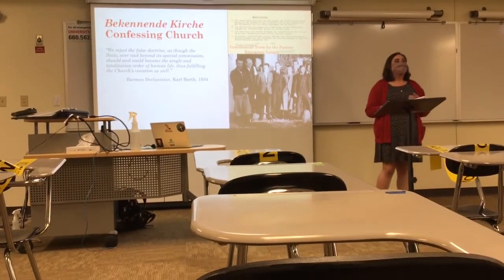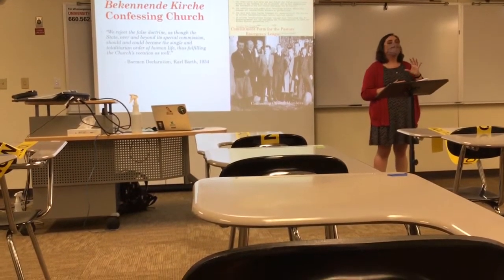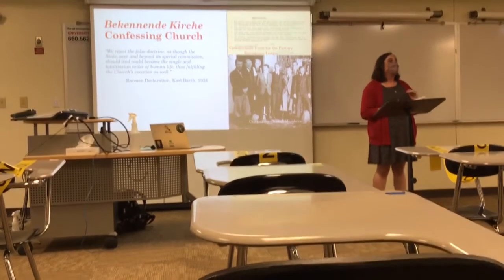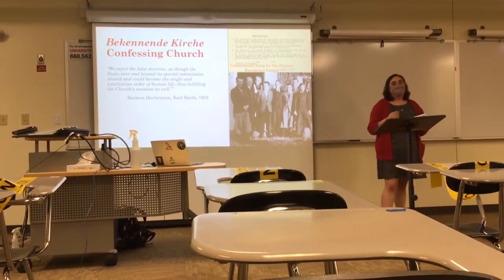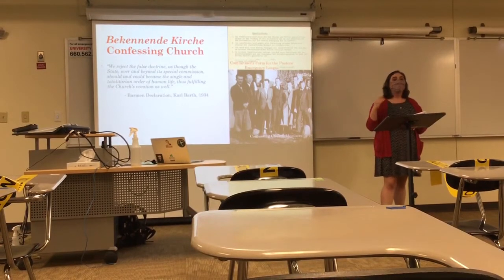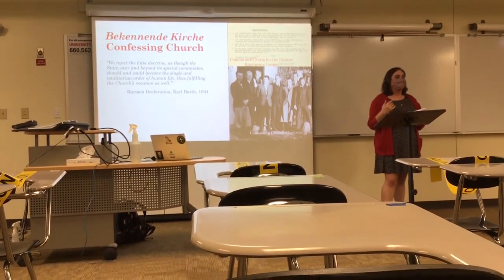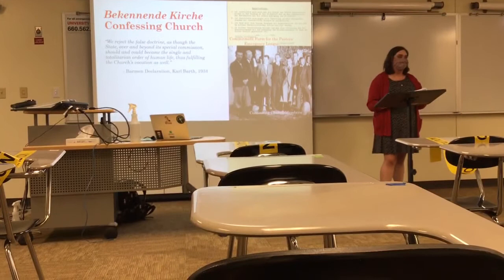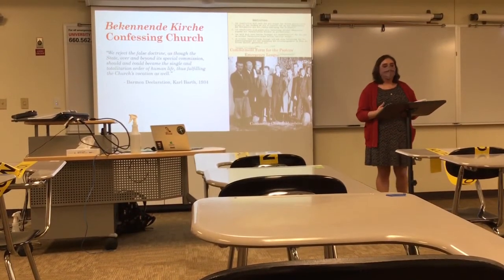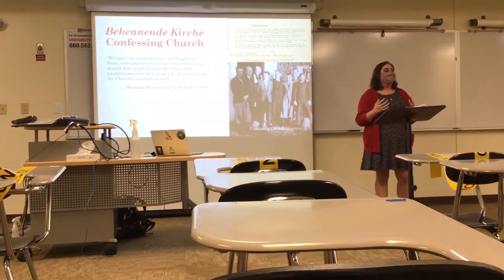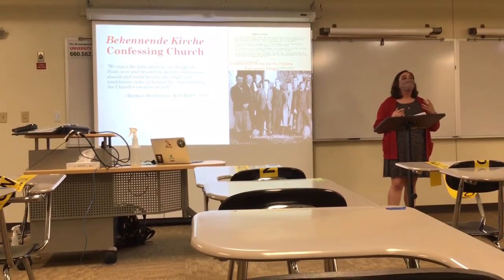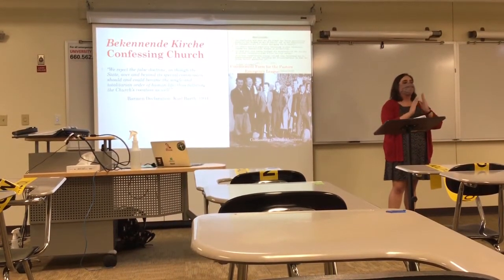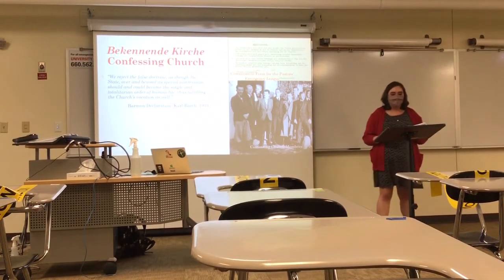So in this quote, they're denying the Nazi Party having control of religion and of life because, in their minds, it's the job of the church to bring that morality and order into everyday life, not the Nazi Party. So in the Barmen Declaration, they were really telling the Nazi Party that you're stepping on our toes, going into our business, and these are the boundaries that we want to have.